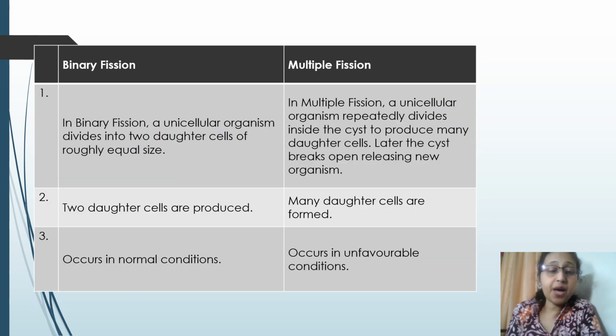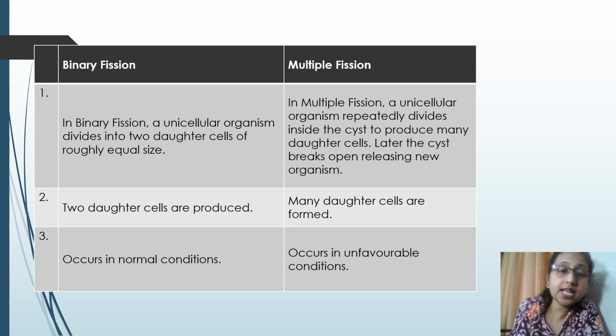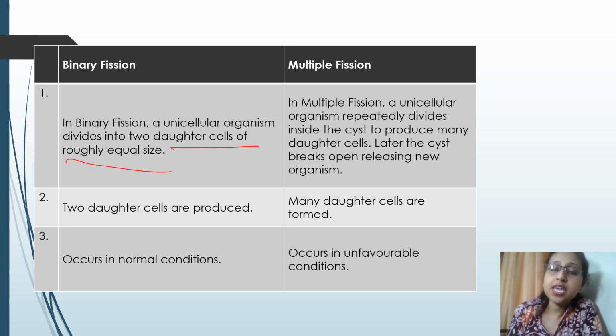So this is binary fission and multiple fission. Now what is happening in binary fission? It happens generally in unicellular organisms, as you all know, and the organism divides into two daughter cells of roughly equal size. In multiple fission, a unicellular organism repeatedly divides inside a cyst to produce many daughter cells.